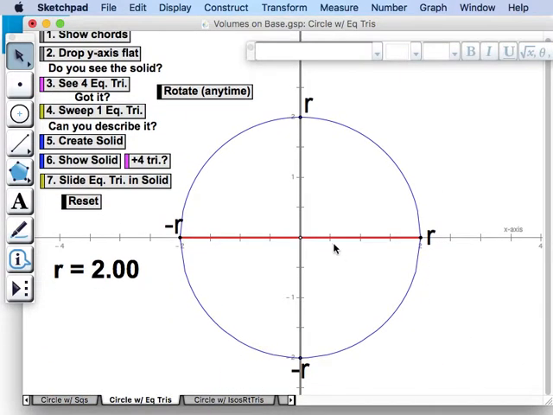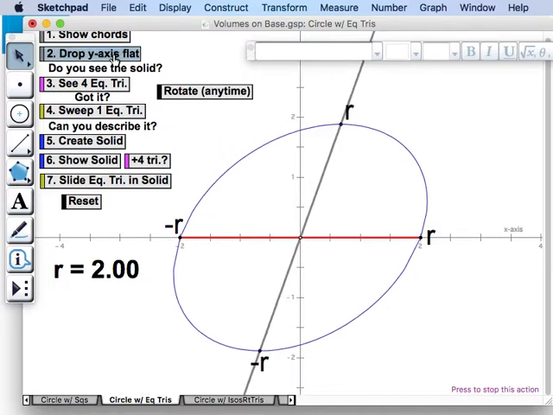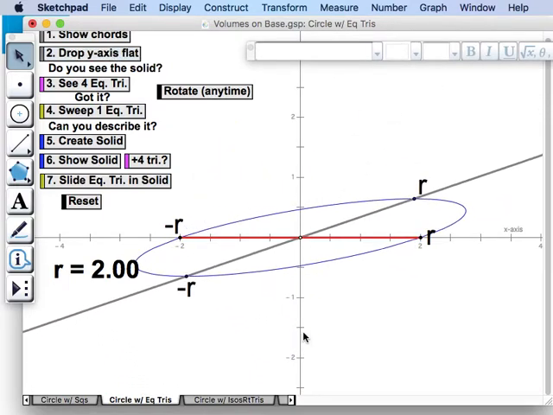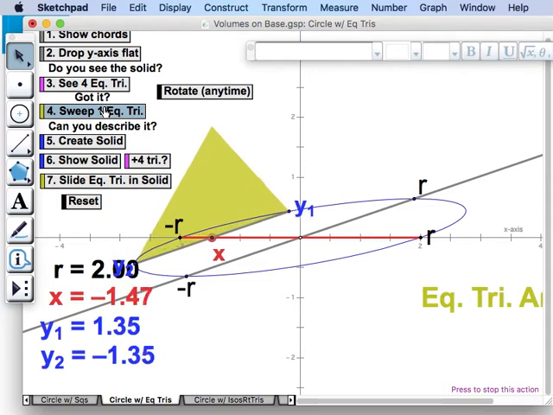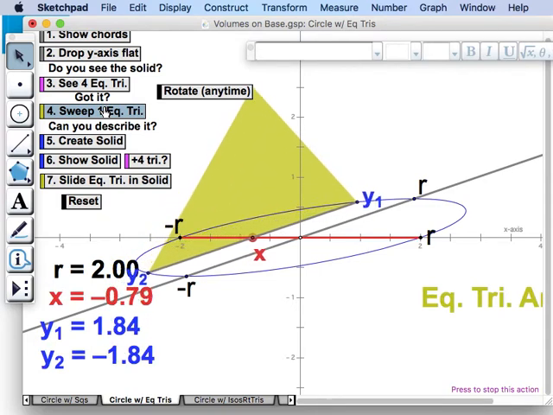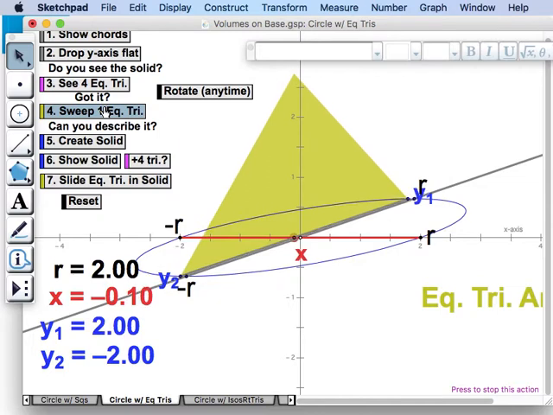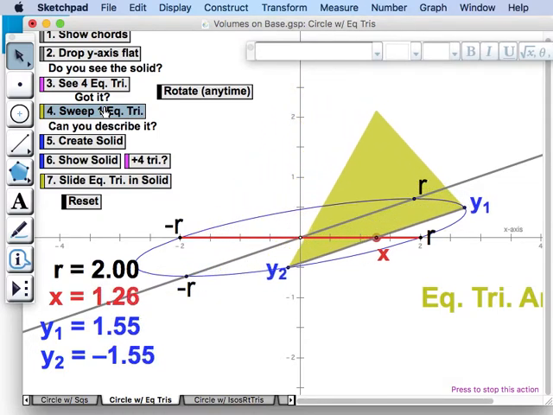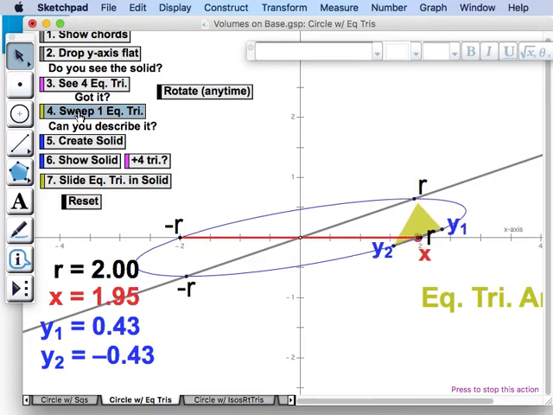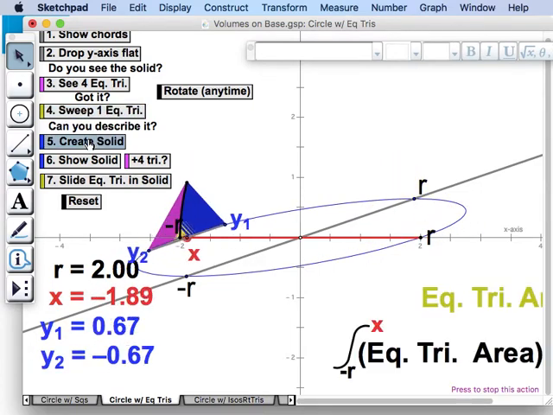Okay, so now we can do equilateral triangles. Again, if we flatten it out to get that 3D thing going on, there's 4 of the equilateral triangles, all different sizes. And if we just sweep one of them, they get bigger as they get to the diameter, then they shrink down to 0. And so that one looks similar to the last one we did.